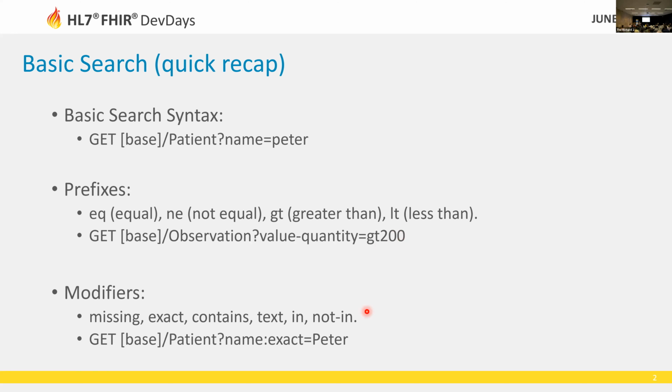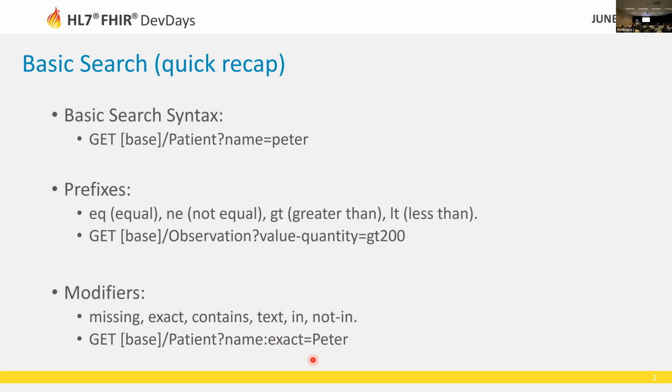We also have modifiers, which are used with this colon sign along with the search parameter. So we can do something like, if information is missing for a particular element and you want to retrieve patients from the FHIR server who have missing emails, you can use this missing modifier.